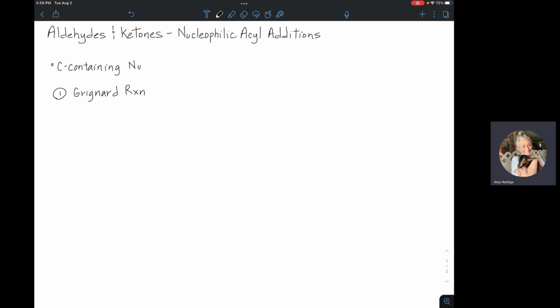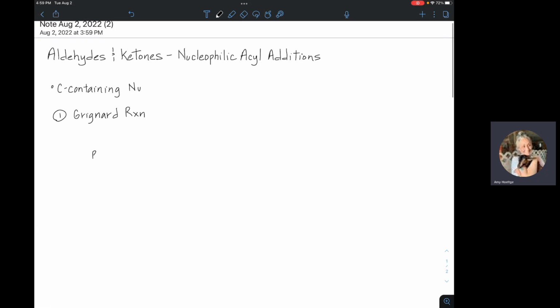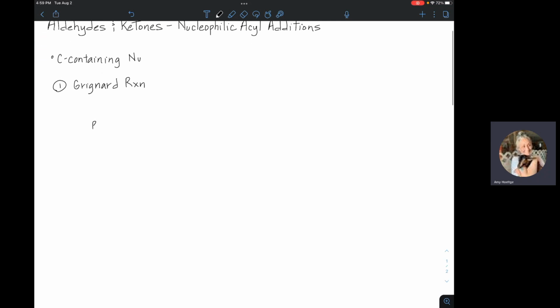We're going to take our aldehyde or our ketone. I'm going to write it like this because it can happen to either. So R if it's a ketone, H if it's an aldehyde, right? And just generically, R prime, just to mean it could be a different R group.